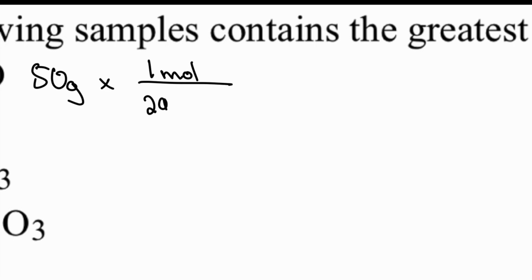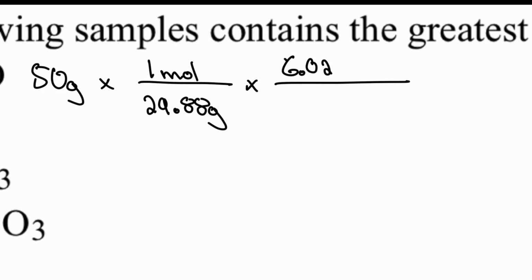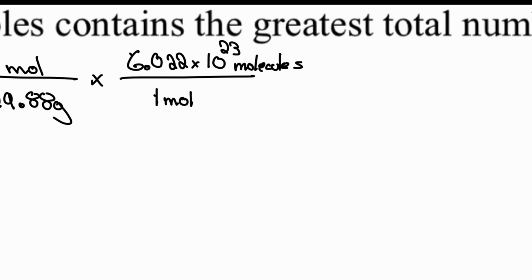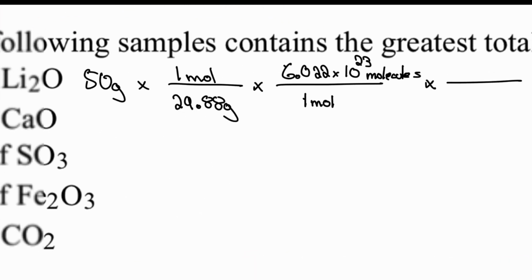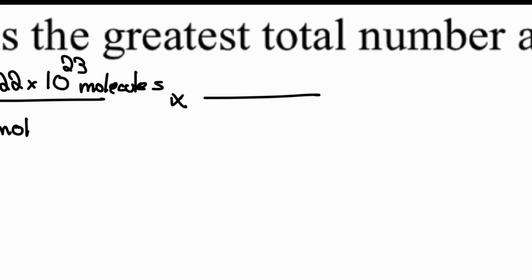This is going to be the molar mass. And we want to go right into molecules. Now this one has 3, so it's Li2 and 1 oxygen, so we're going to have 3 atoms.